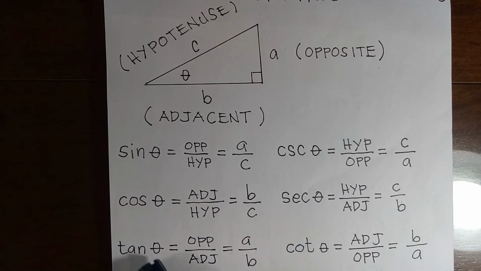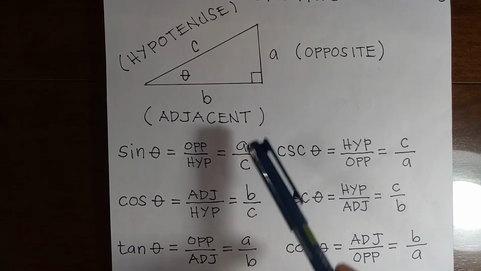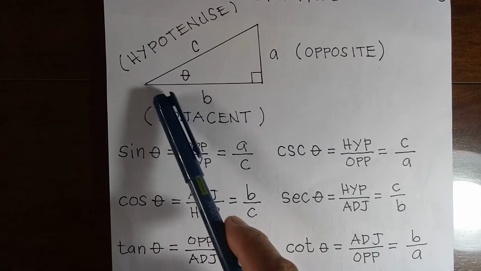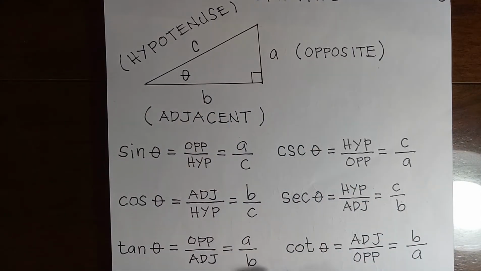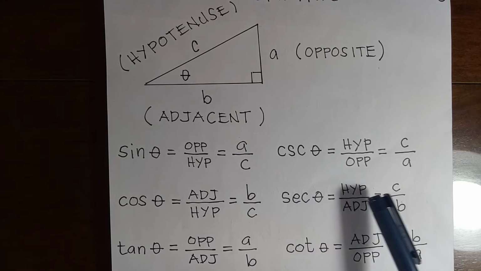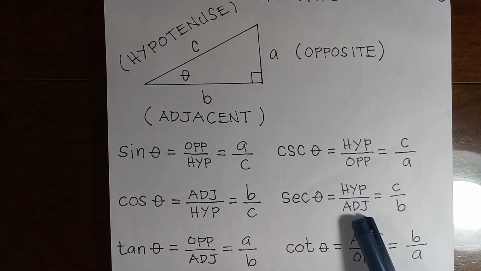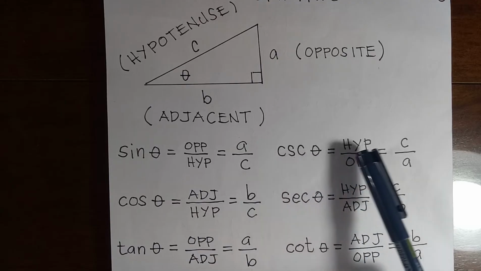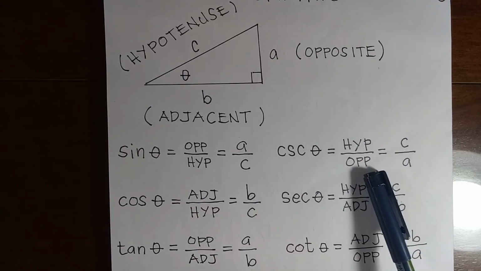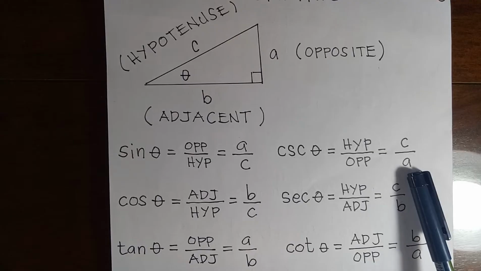Tangent theta, opposite divided by the adjacent side, A over B. Cotangent theta equals the adjacent side divided by the opposite, B over A. Secant theta is hypotenuse divided by the adjacent side, C over B. Cosecant theta is hypotenuse divided by the opposite, C over A.